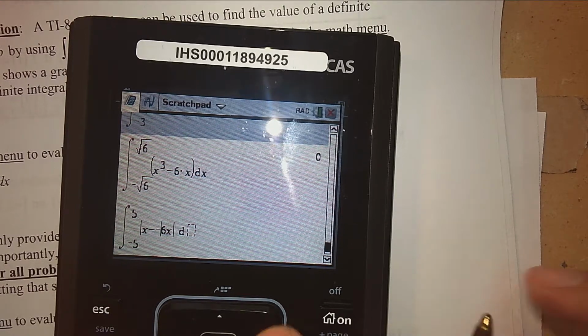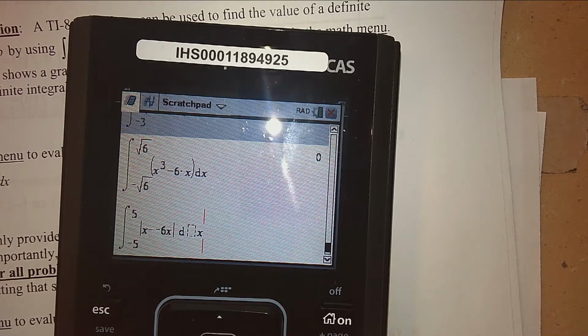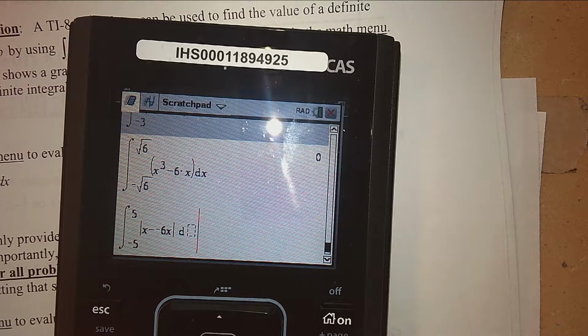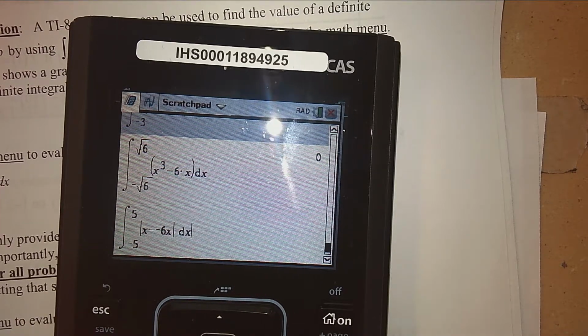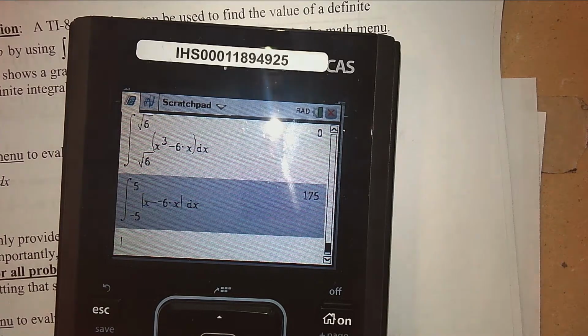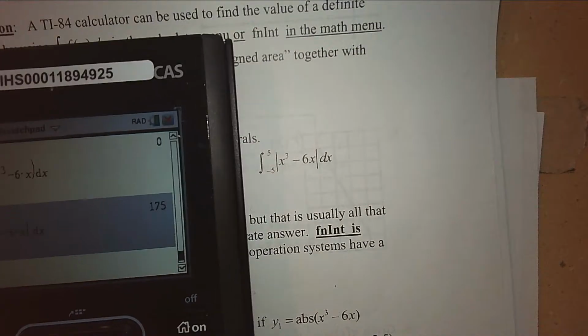All right, in respect to, you're integrating with respect to what variable? Dx. Enter. Oh, it went too far. Go over. There it is. Enter. Yes. You forgot, oh, I didn't do x cubed.